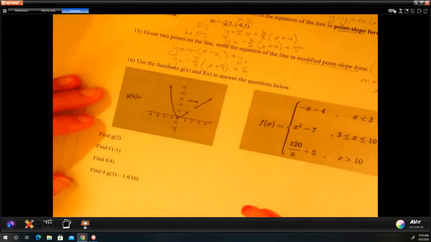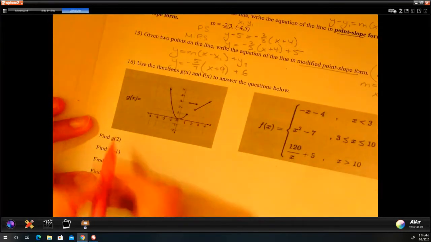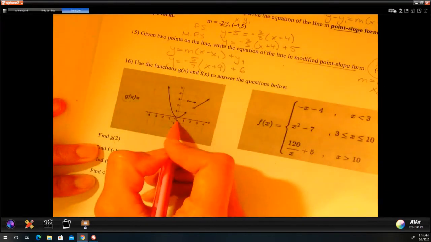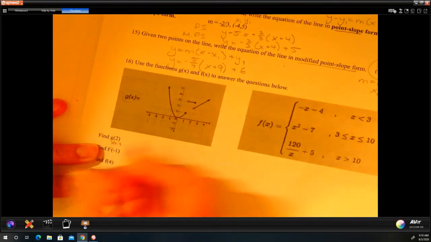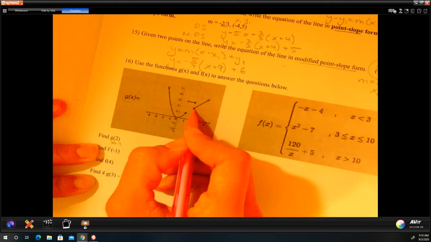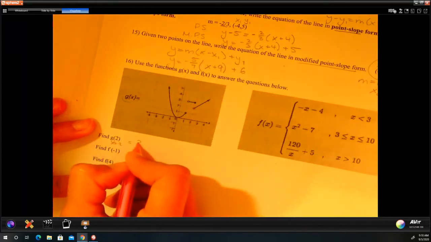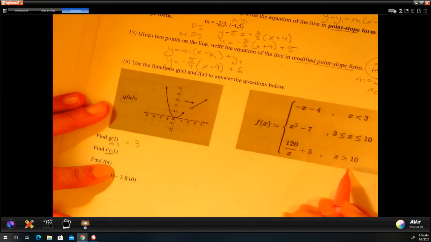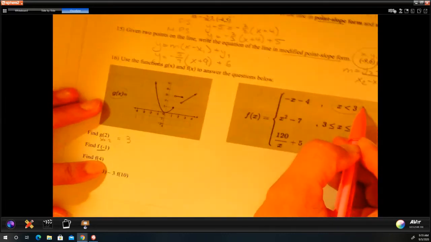All right, last couple. So g of 2. I'm going to go to the function that says g, find x equals 2. Not that point because it's open, so I'm going to use that point. That will be 3. F of -1. So -1 would be less than -3.